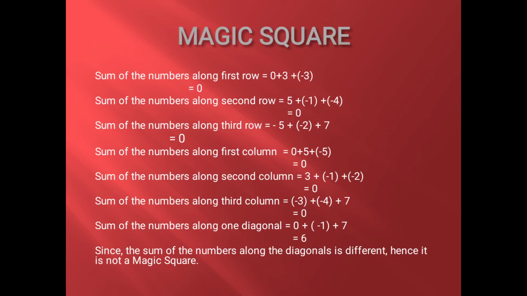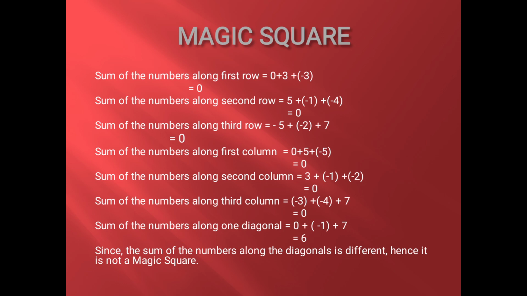Here I explain again. Sum of the numbers along the first row, 0 plus 3 plus minus 3, 0. Second row, 5 plus minus 1 plus minus 4, 0. Third row, minus 5 minus 2 plus 7, 0. First column, 0 plus 5 plus minus 5, 0. Second column, 3 plus minus 1 plus minus 2, 0.